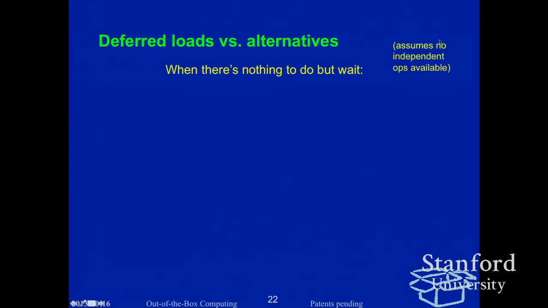Now to compare this against the usual way of doing things. When there's nothing to do but wait, we've got a load and there's no other operation which can be done until we get the result back from the load. We assume that there are no independent operations available.